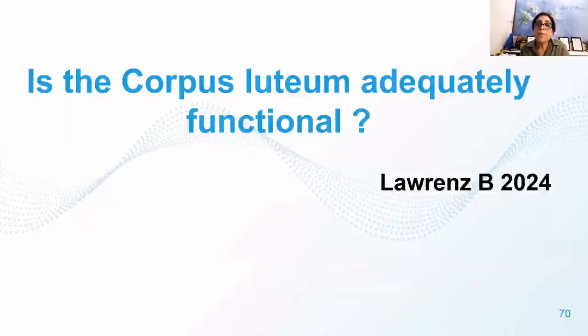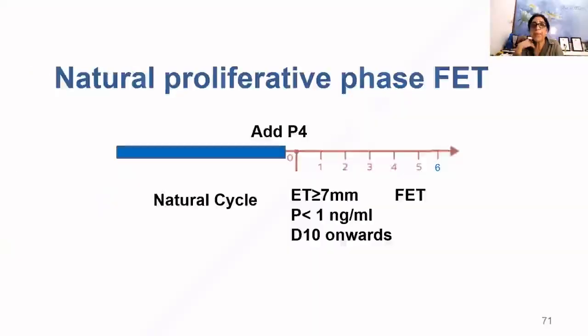So if that purpose is defeated, if you give a trigger at 13 mm, maybe the pregnancy rates are the same, but the complication rates, we don't know yet whether this corpus luteum is adequately functional or not. So this is just for you to know that this is what is coming up in literature.